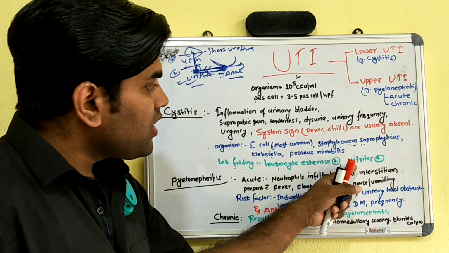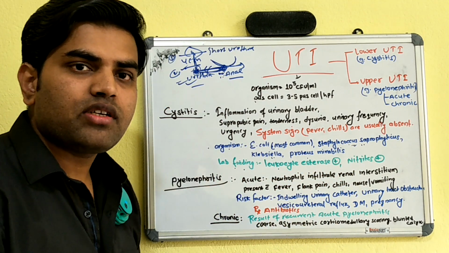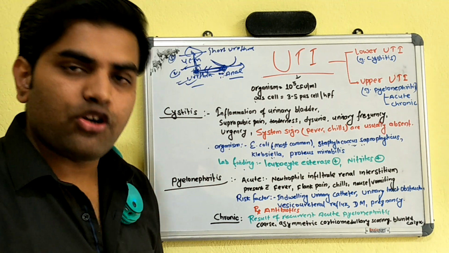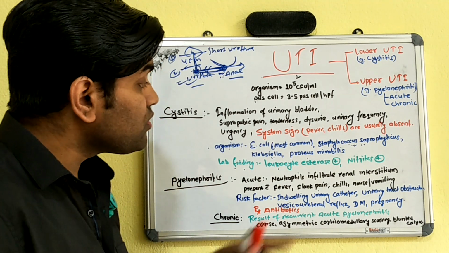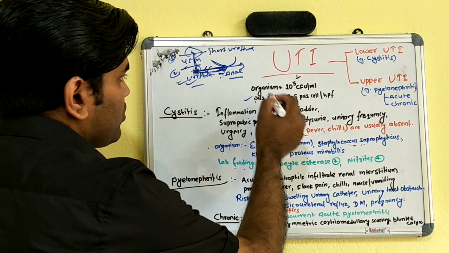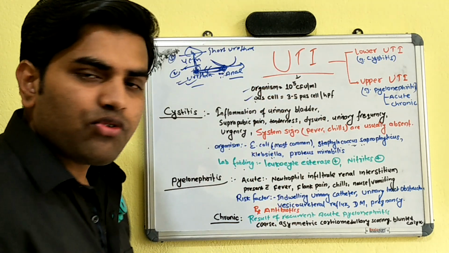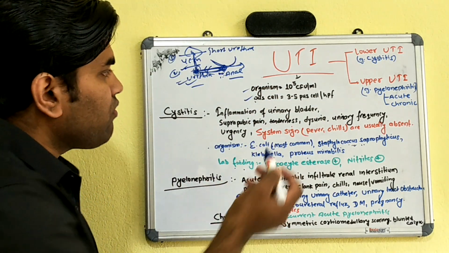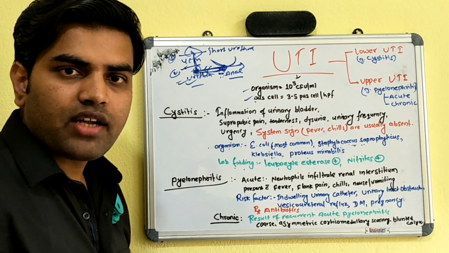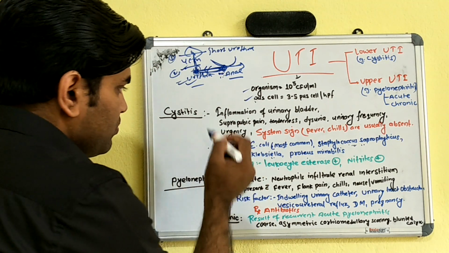If you find nitrites, that indicates that the organism is present, mainly gram-negative Enterobacteriaceae. So this will also indicate that there is an infection. Okay, and if we examine under the microscope, we will find pus cells. If you culture the organism, we will find 10 to the 5 colony-forming units per mL of urine, and UTI will be diagnosed. Okay, so we have talked about this also.